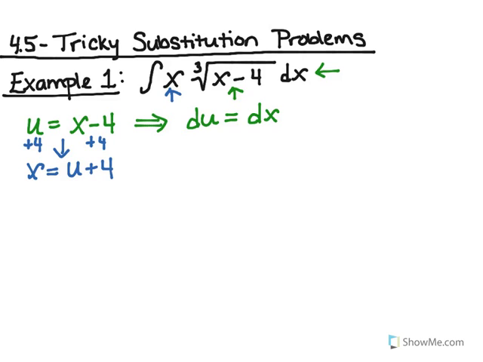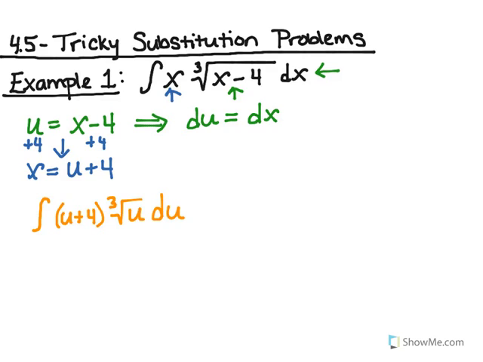At this point, we are now ready to rewrite the integral. So here's what we're going to end up with. The x at the beginning is now going to be a u plus 4. The radical stays the same, but what's inside of the radical is now a u and nothing else. And then we have a du at the end.